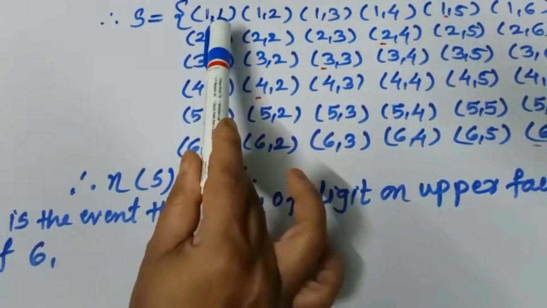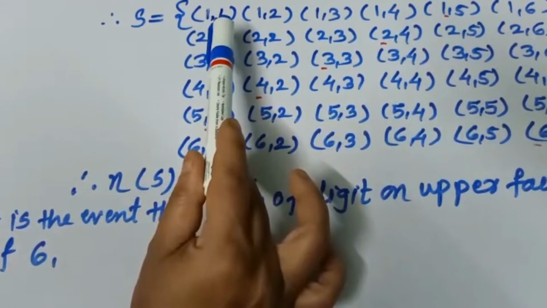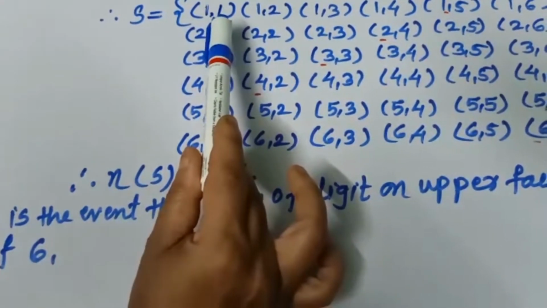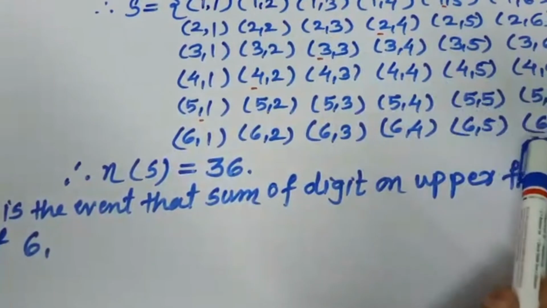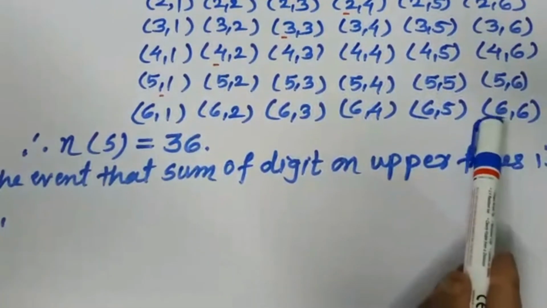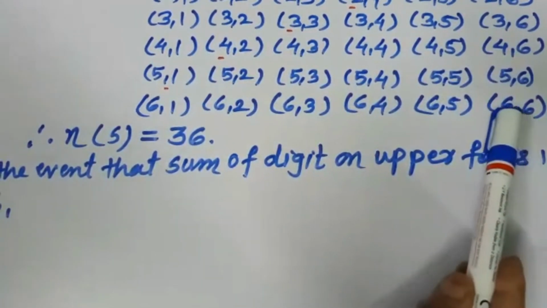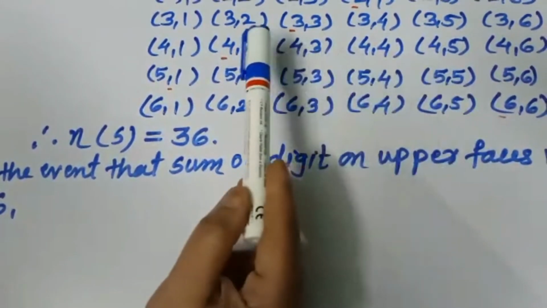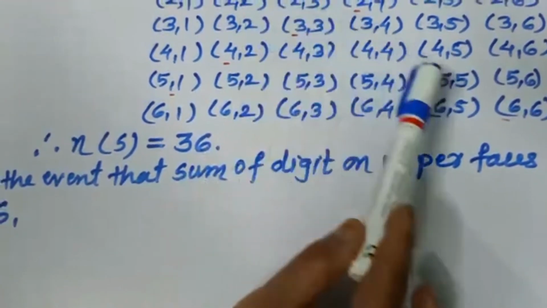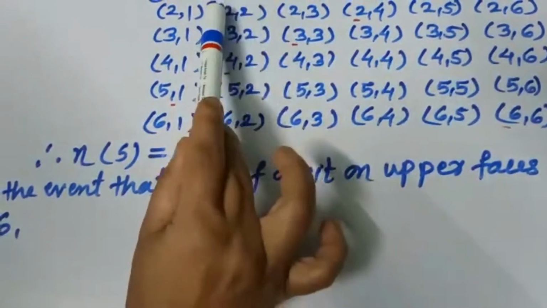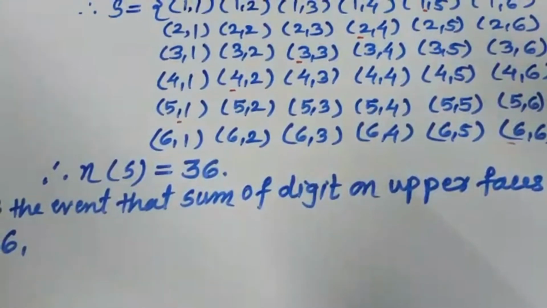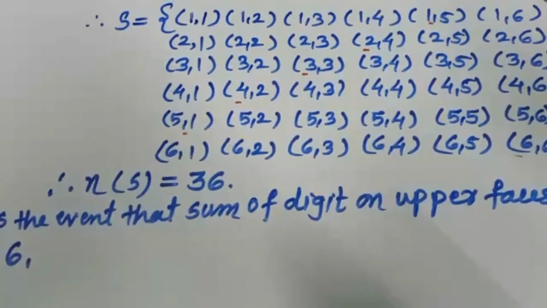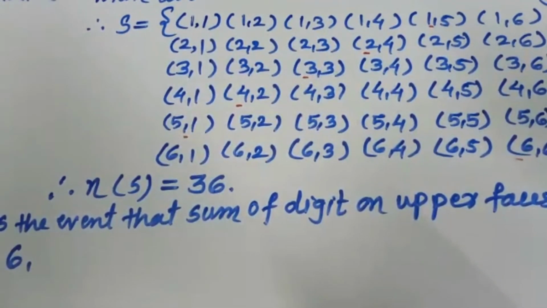Which numbers come in the 6 times table? 6 ones are 6, 6 twos are 12, 6 threes are 18, correct? But here the biggest sum is only 12, which is 6 plus 6. So here we only have to check the sums 6 and 12. So which points have sum 6 or 12, only that we have to search.